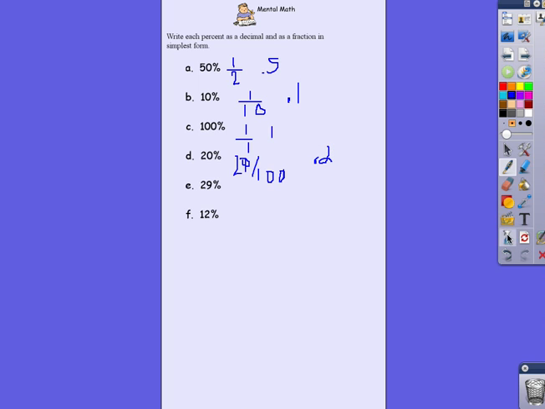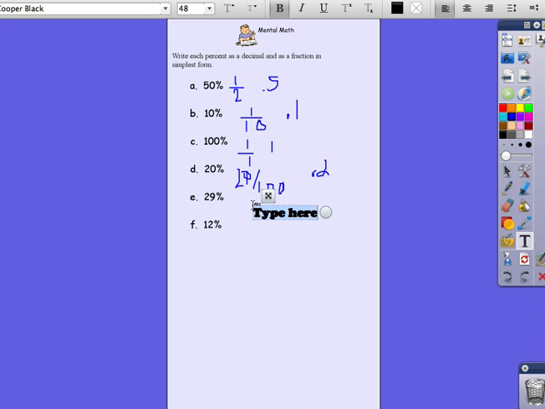29%. I'm going to change it up here and type it. It's going to be 29/100, which is equal to 0.29. 12%, which is 12 out of 100, which is equal to 12/100, which is 0.12. That is going to be very important to know, how you go from one thing to the next.